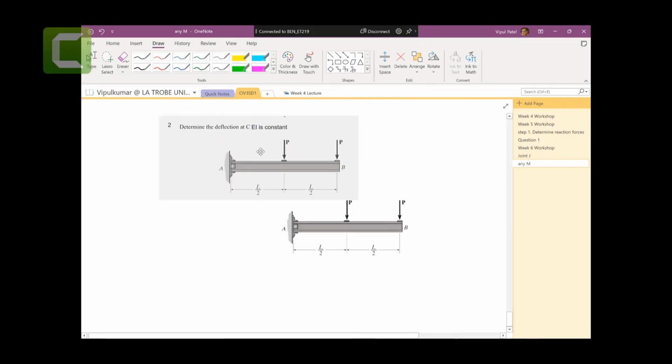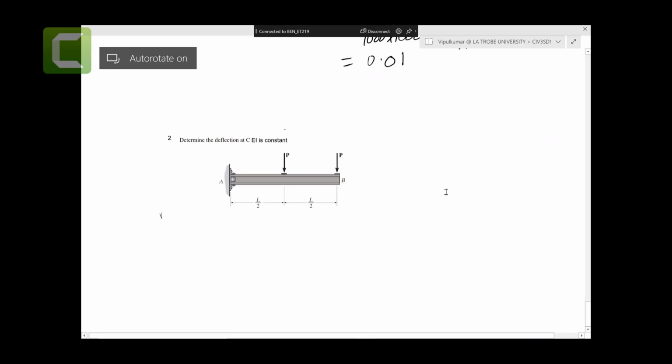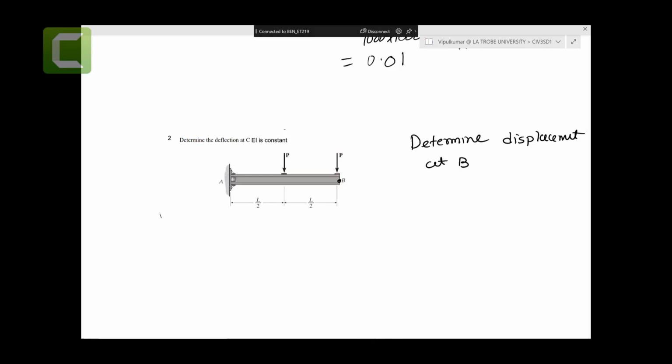All right, so we need to find the displacement at point B. It does not say in the example, but you can add here: determine displacement at B. P could be any value, 10 kilonewton, 5 kilonewton, 20 kilonewtons. It's just a variable there, and length could be any length.